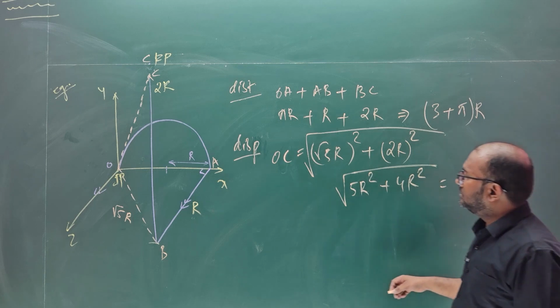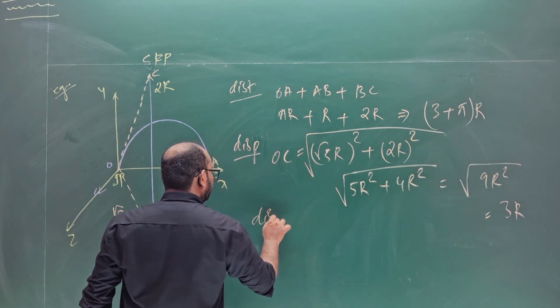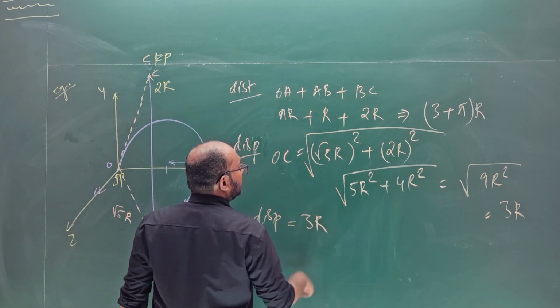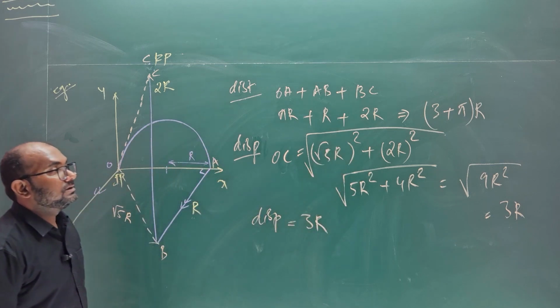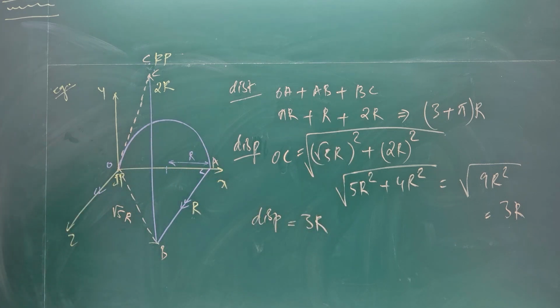So your displacement is 3r. Distance is 3 plus pi r. Okay.